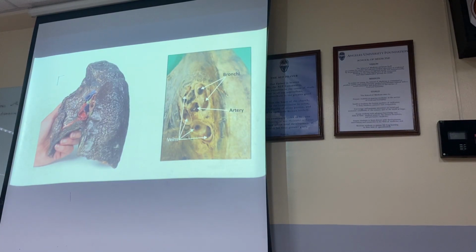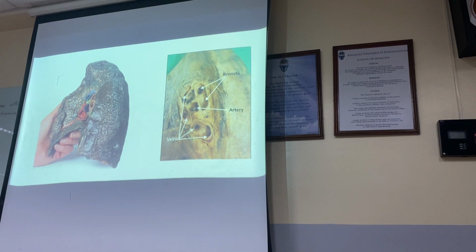So the hilus. What is this? The right or the left lung? Right, because this is anterior, right? The more acute and this is the more rounded. So this is the hilus of the right lung. What did we say? Pulmonary veins are inferior and anterior, right? And then posterior is your bronchus.